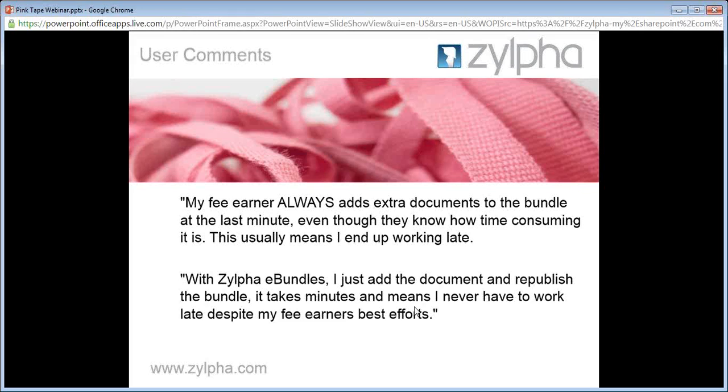It means that they have to work late, because these things always happen at the last minute. What they found by using e-bundling is that they can take the additional documents, add them into the software, and republish the bundle within minutes, meaning that they don't have to work late on a Friday.